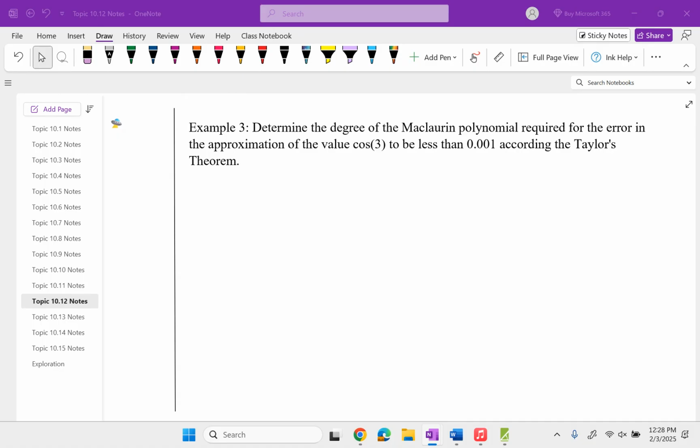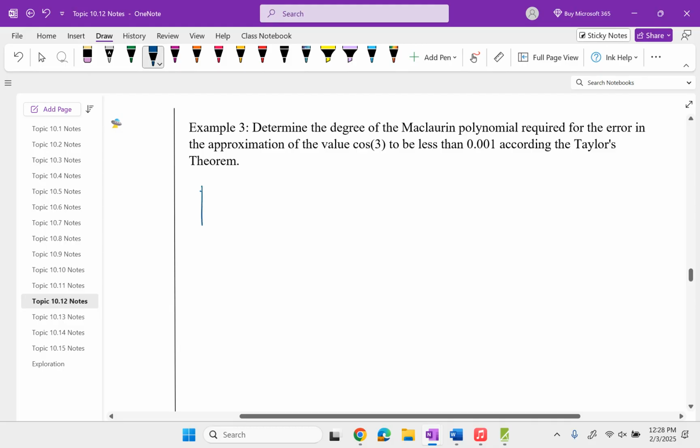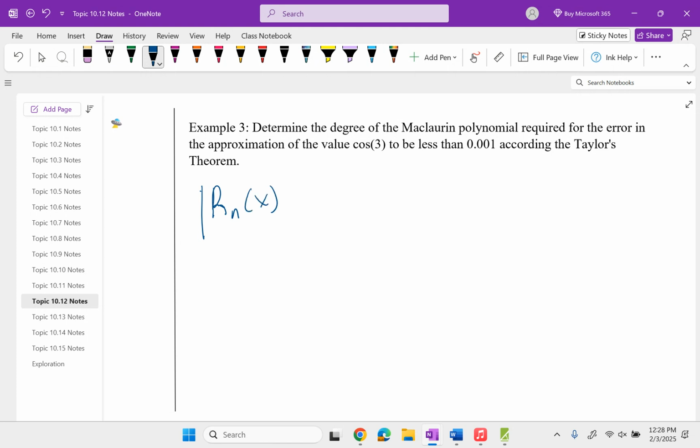Okay? So, I'm starting with my remainder theorem. Do I know what the degree is this time? No, that's what we're trying to find, right? So I'm just going to use an n for the degree for now. Okay? All right. What's my function? Cosine. What's the max a cosine can be? 1. So that's the max, right? My max is 1, so I'm going to leave it as a 1. Okay. Then I've got to do the value I'm evaluating.